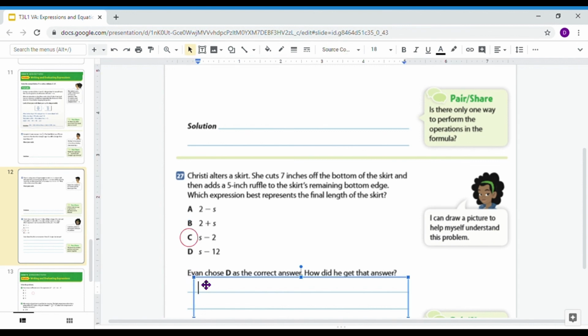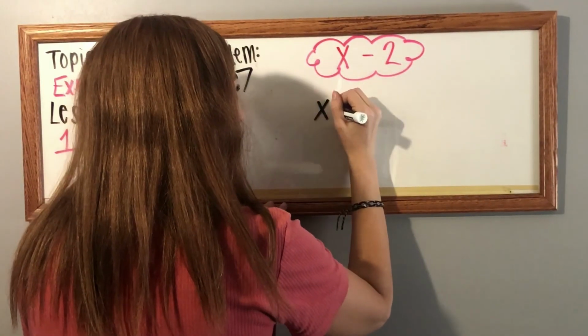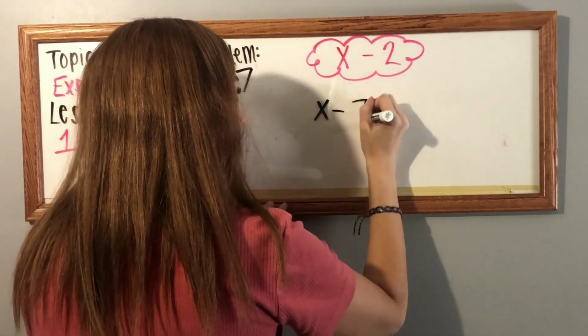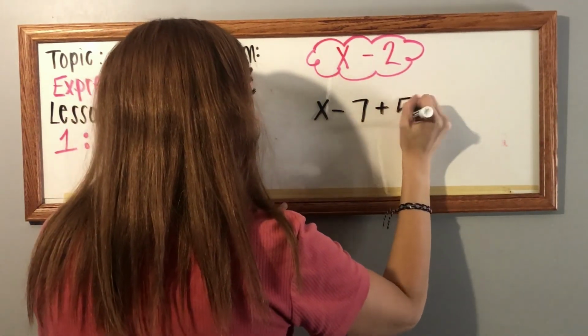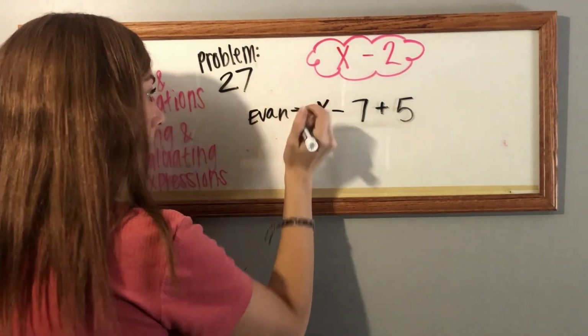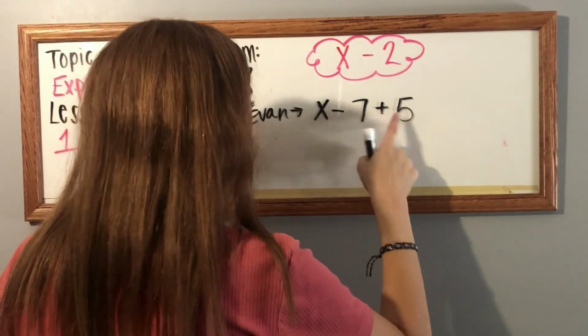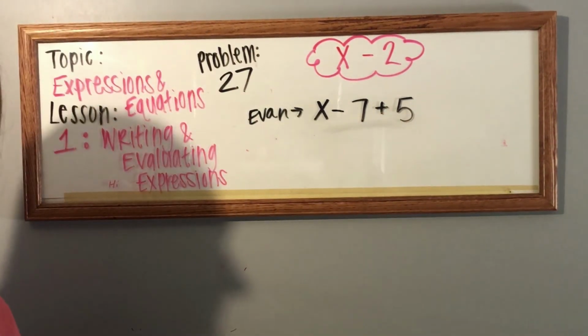Evan chose D as the correct answer. How did he get that answer? So it seems like Evan got S minus 12 as his final answer. And when I'm kind of digging into this, I can see that it seems like he got the right original expression. He came up with x minus 7 plus 5.